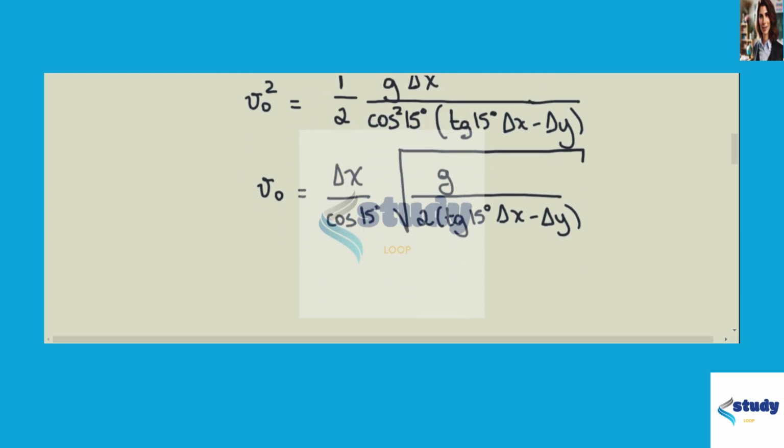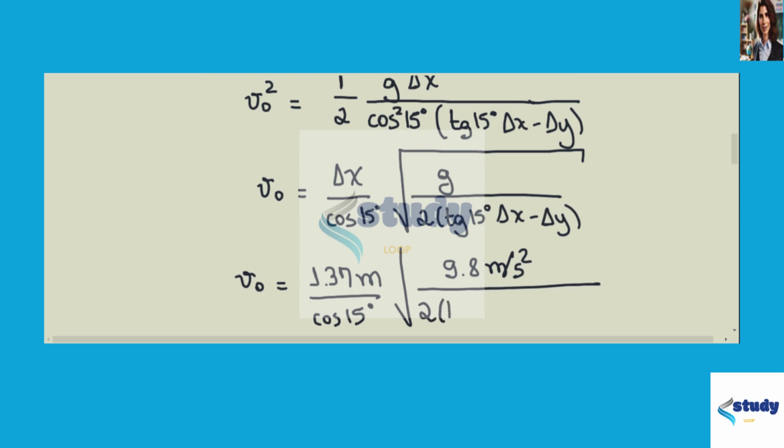Now we can substitute the numbers. So v0 is delta x. Remember that it's equal to 1.37 meters. And we divide it by cosine of 15 times the square root of 9.8 meters per second squared divided by 2 times the tangent of 15 times delta x, that's 1.37 meters, minus delta y, and delta y is minus 0.29, so in the end it's plus 0.29 meters.